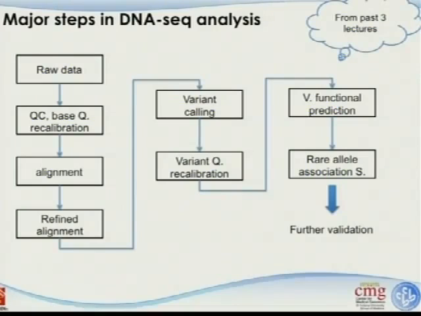So doing the quality recalibration is a very critical step, and I'm happy to see that one of the groups picked the project and further explored this part, and that is very nice. After we do quality recalibration, let's say we identify 30,000 variations in the exon sequencing experiment, but which one is potentially functionally important?